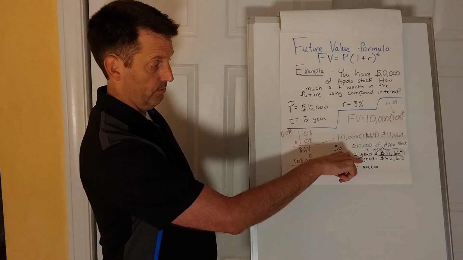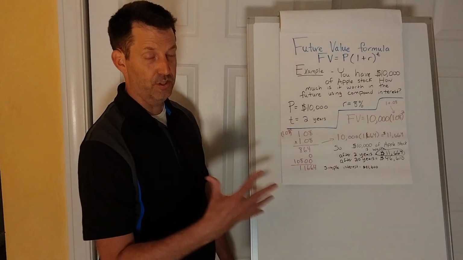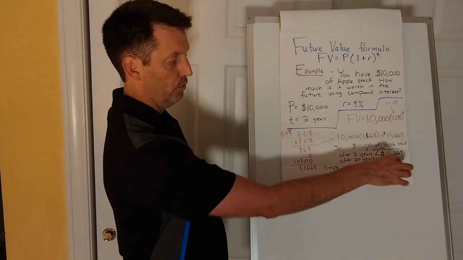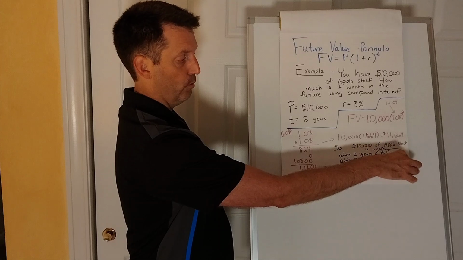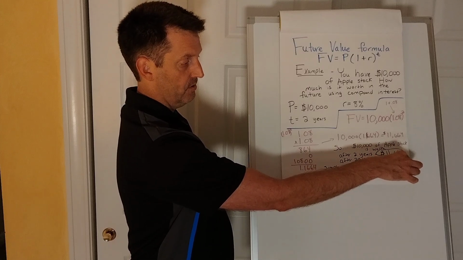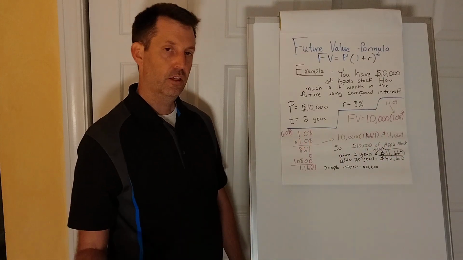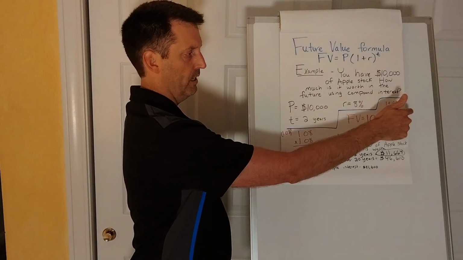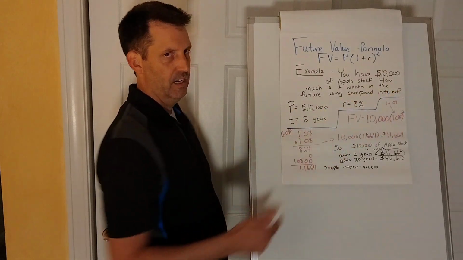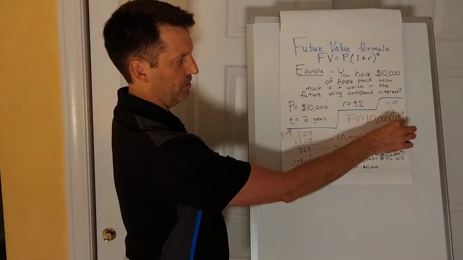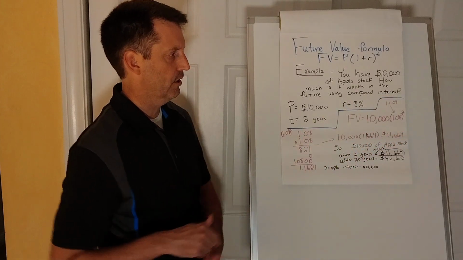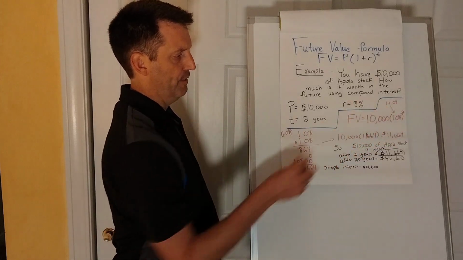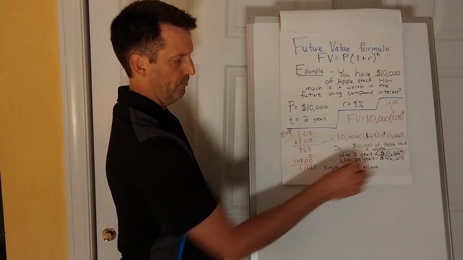After 20 years, this is where you're going to start to see the magic of compound interest. Remember, you only put in $10,000, but after 20 years, it's now worth $46,610. The only thing different you do here is you put a 20 here at the top, and then you're going to want to use a calculator for this. You can just do 1.08 raised to the 20th power on your calculator, and multiply that by 10,000, and you get this number here.